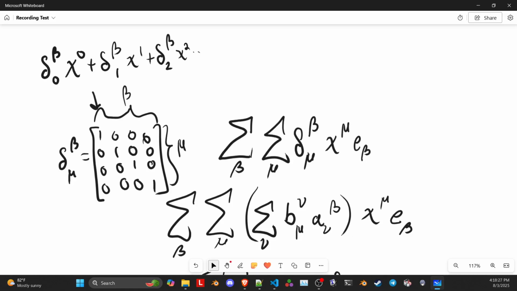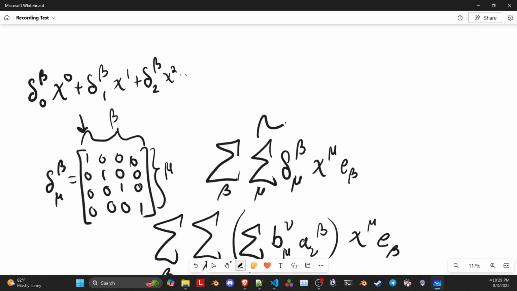Another way of saying this is that for a given value of beta, the result of this is always x beta. We can dwell on that for a second. We have to have a resulting sum over beta to scale the e betas. We're summing over mu, so the mu index is gone. And so for each e beta, what is the scalar factor in front of it?